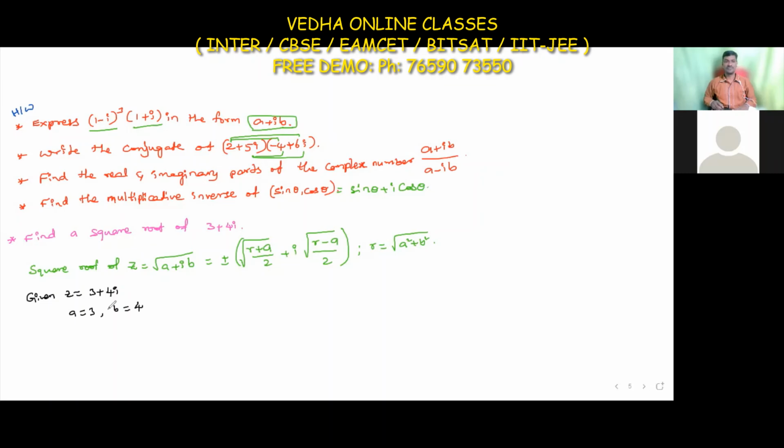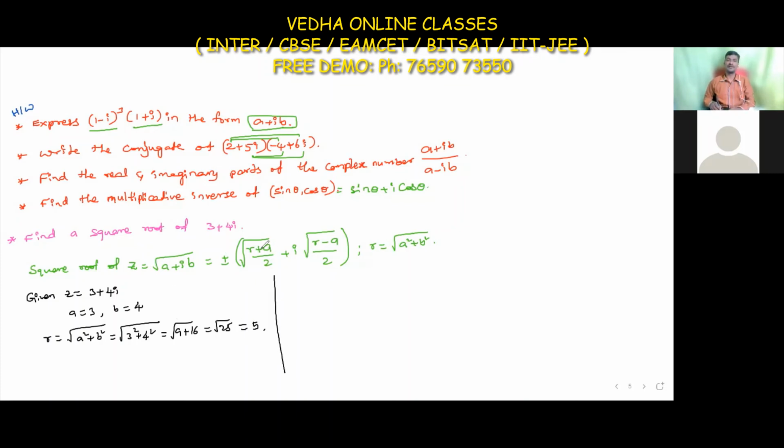Now find the value of r. r equals the square root of a square plus b square, which is the square root of 3 square plus 4 square, 9 plus 16. 9 plus 16 is 25, so r is 5.